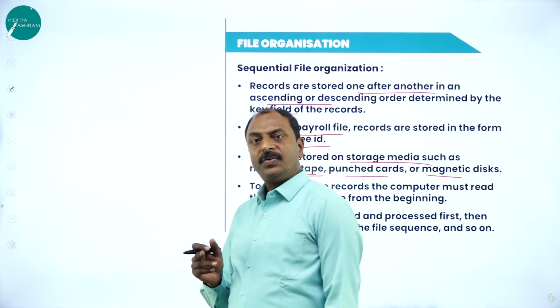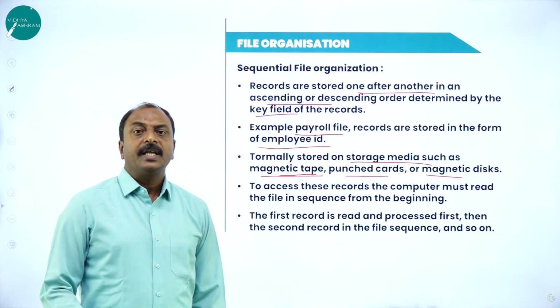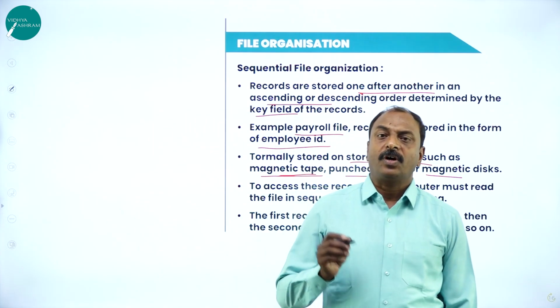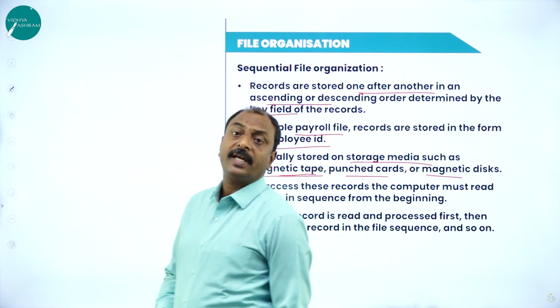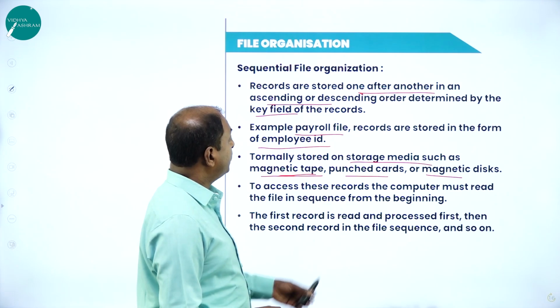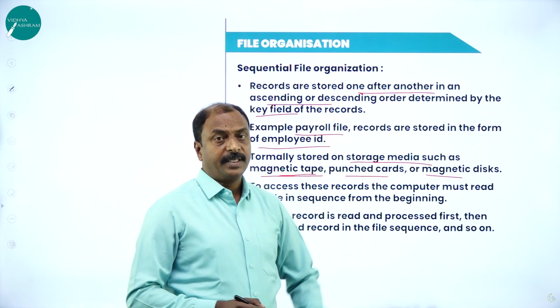If there are 50 songs on a particular cassette and you want to play the 29th, first we have to forward through all 28 songs, then play the 29th song. That is how the data is stored in serial file organization.